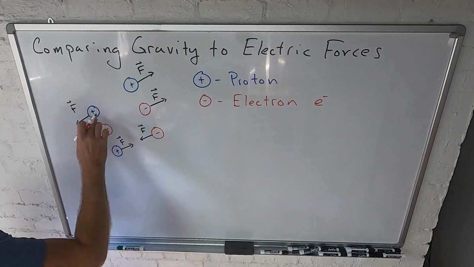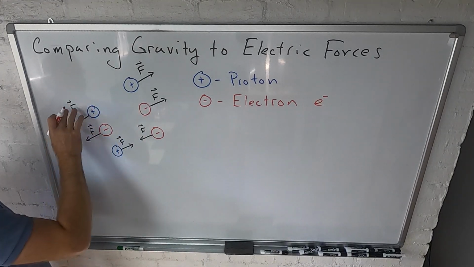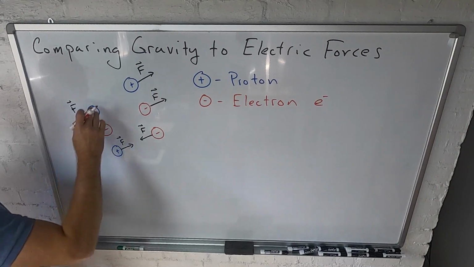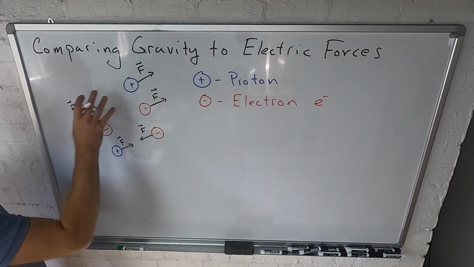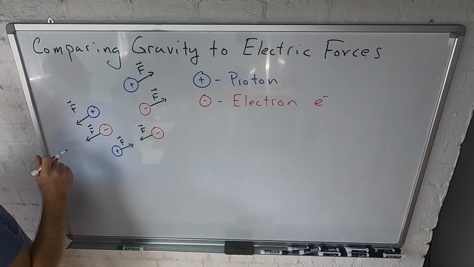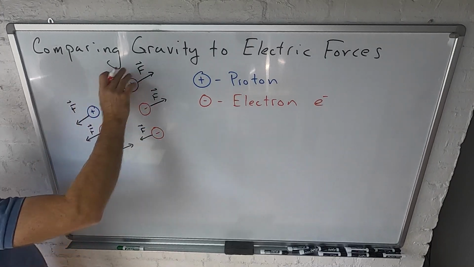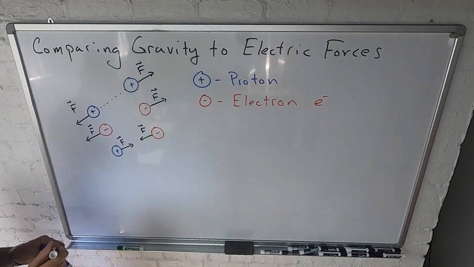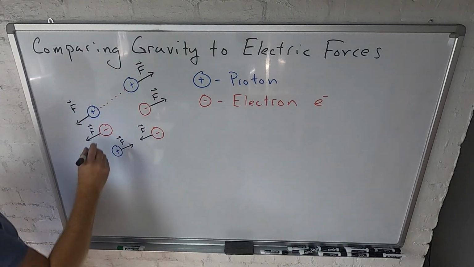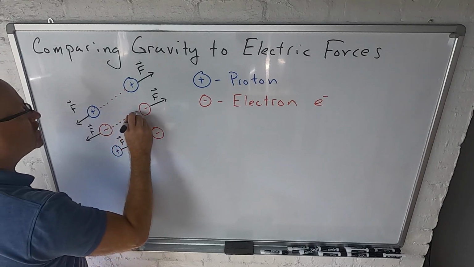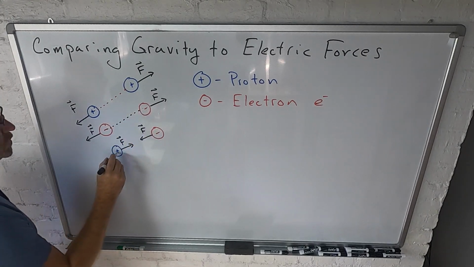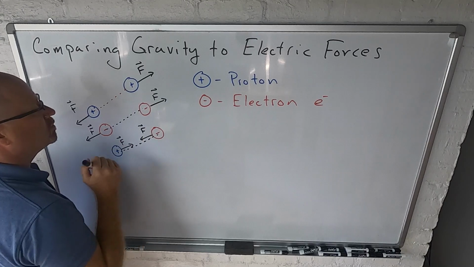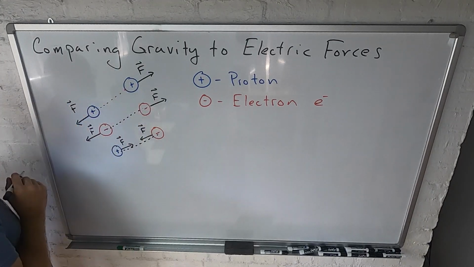Now, if I take two protons and I put them near each other, they will experience a force to push them apart. So these forces are positive, and they are directed along the line that connects the centers and are set up to push the particles apart if their signs are the same.